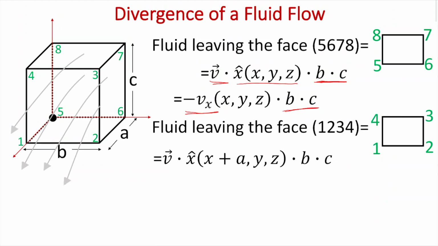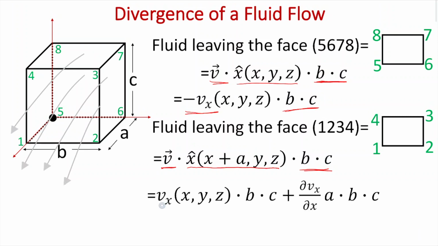Now let's see what is the fluid that is leaving the face 1, 2, 3, 4. In this case, we have a velocity and then we multiply by x hat at x plus a, y and z, and we also multiply by the area. In this case, the velocity is positive because the fluid is actually leaving the face 1, 2, 3, 4.